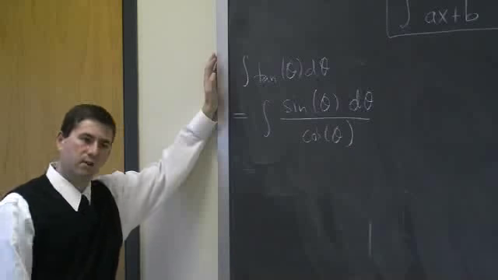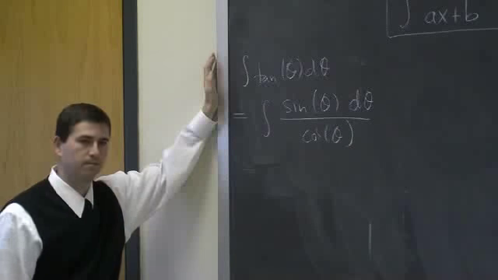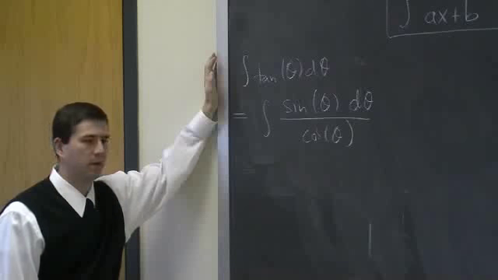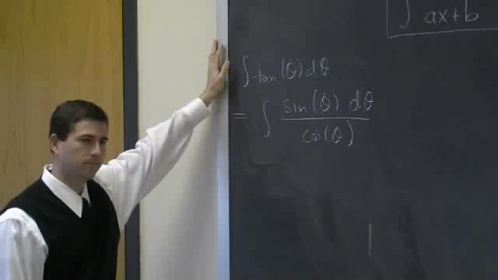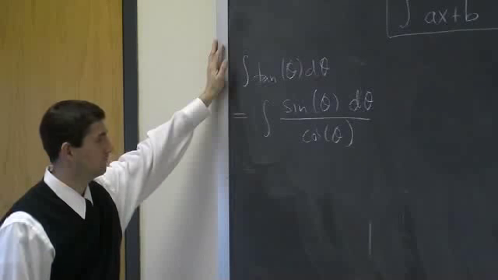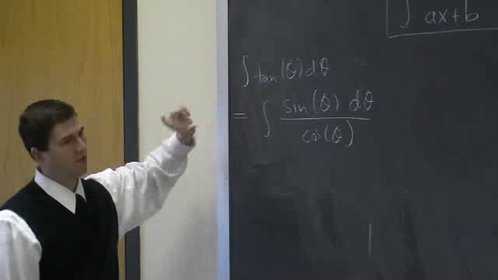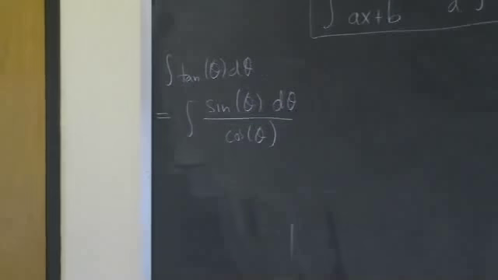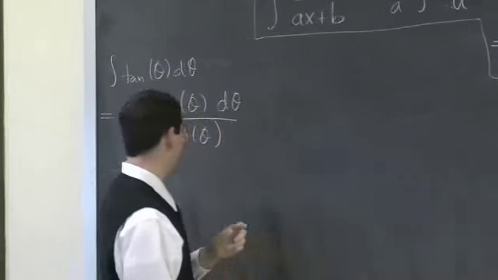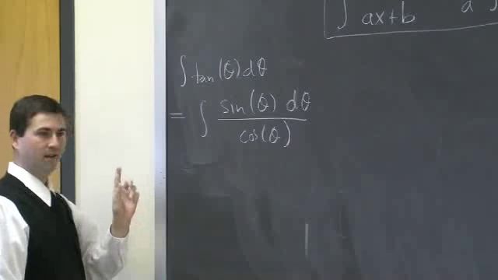So Dina suggests turn it into sine over cosine. Okay, how do we integrate? Boy, when you see sine and cosine in the same thing, that really makes you want to do something. U substitution, exactly. All right, so what should my u be?